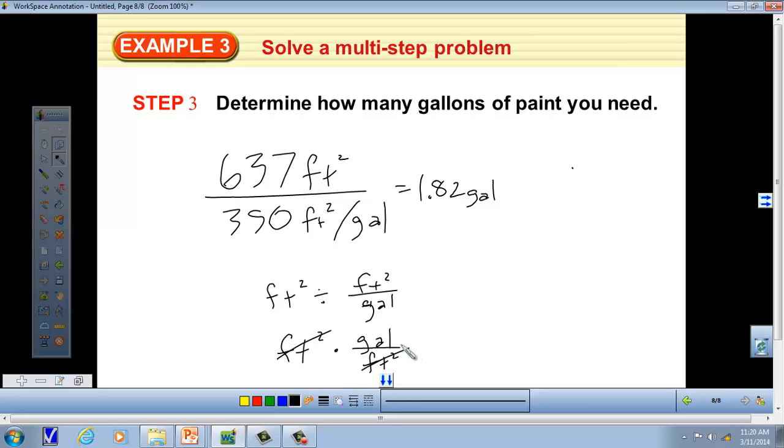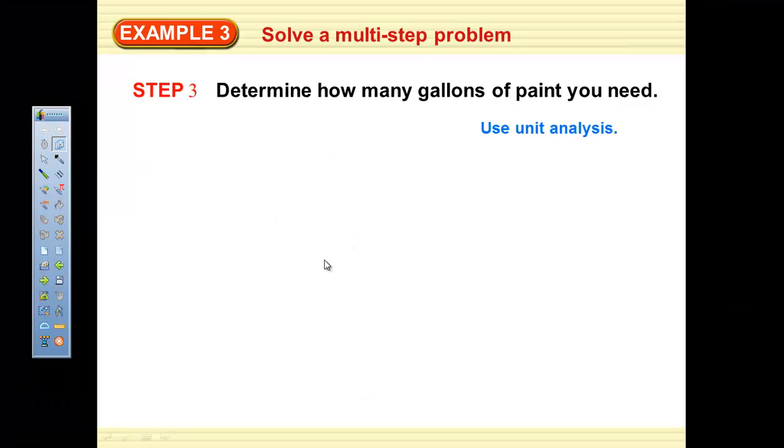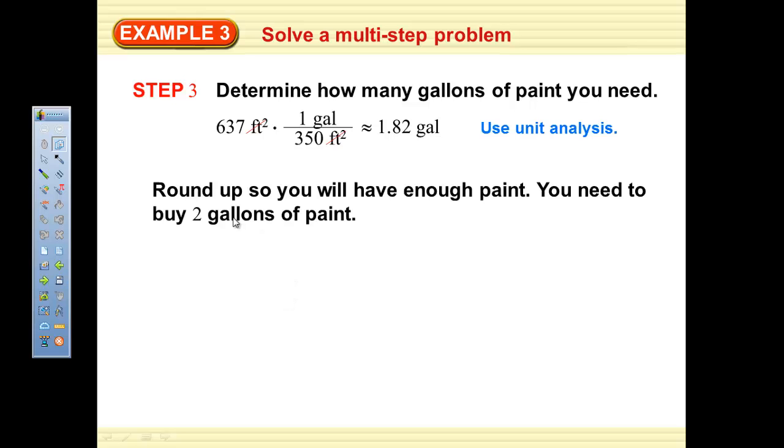And those cancel. We end up with gallons here. Since we can't buy 1.82 gallons, we would buy 2 gallons of paint. So again, they're using unit analysis, but it's the same thing. We would divide those two and end up with 1.82 gallons, which means we buy 2 gallons of paint.